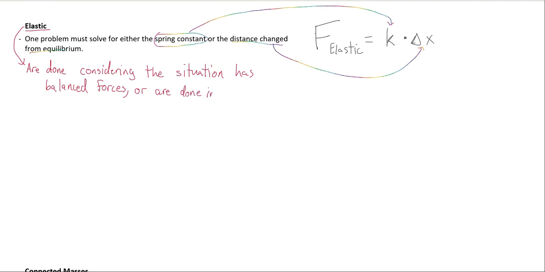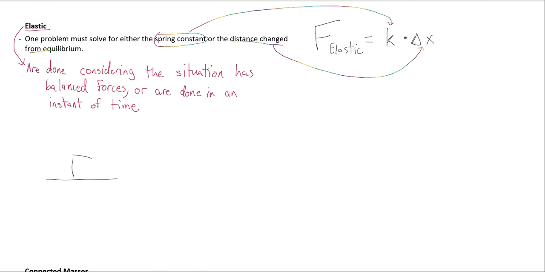If that's the case, then the elastic force is constantly changing, and we haven't dealt with changing values yet, and we don't have the mathematical tools to deal with that at this moment. So all of the situations that you're going to think of using elastic forces are going to be where the objects are at rest. Hopefully that will help you when making up a situation.